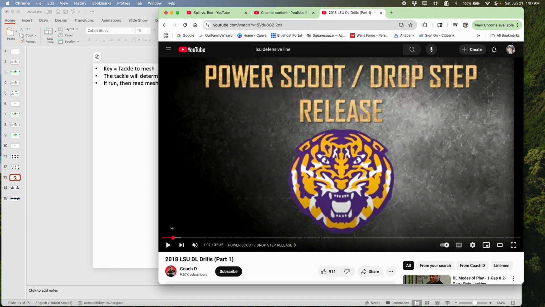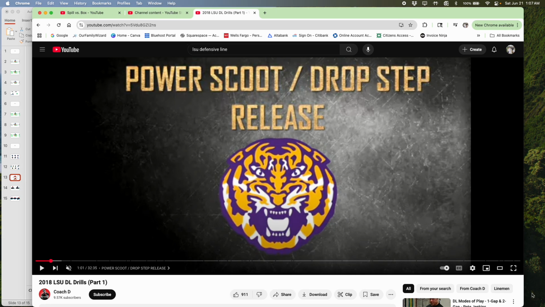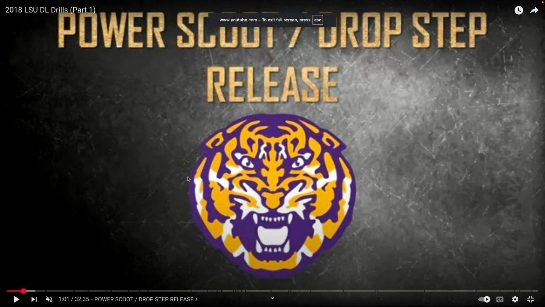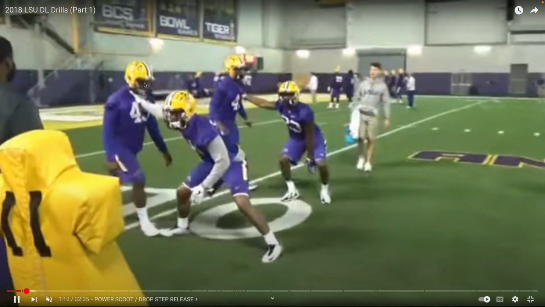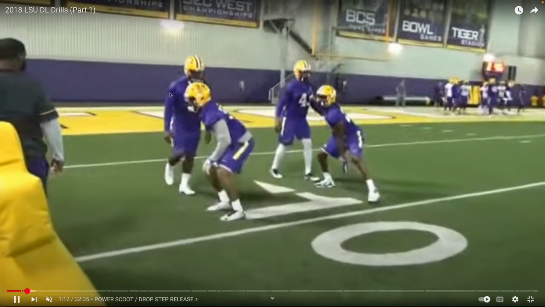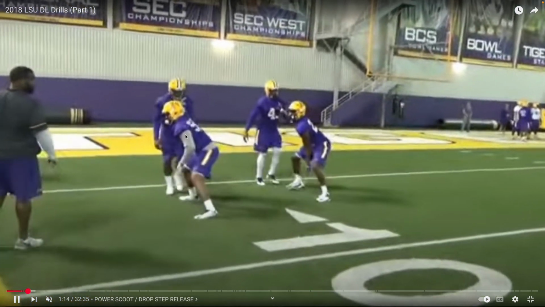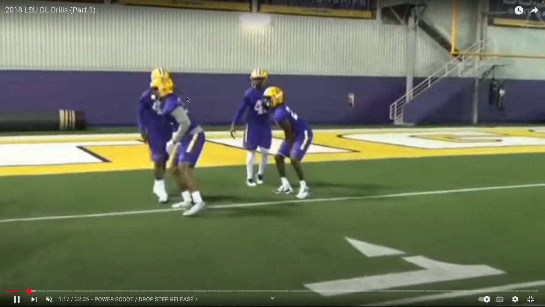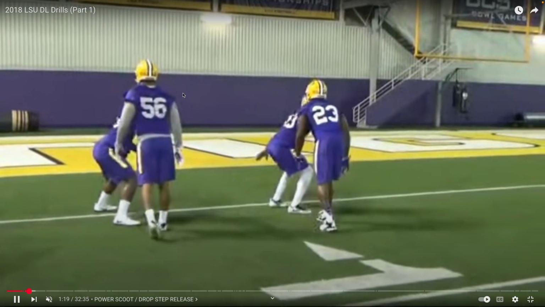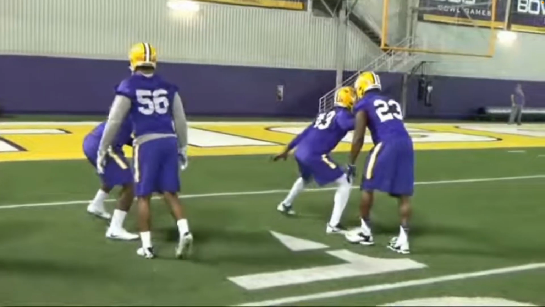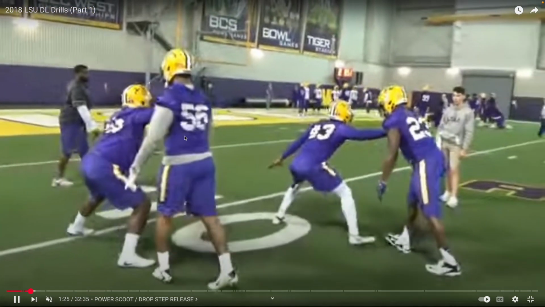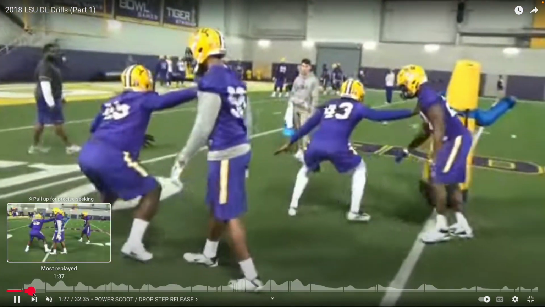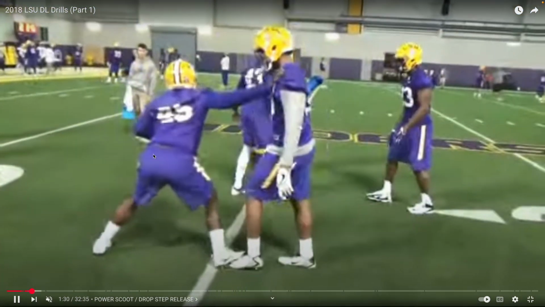So let me show you what this is called, a power scoot. We taught this last year. We'll teach it again this year. So this is the position that you want to be in. You want to get to a position where your outside arm is free, your other arm is fully extended in the chest of the edge defender, of that tight end or that attached number two, and you are just squeezing down.